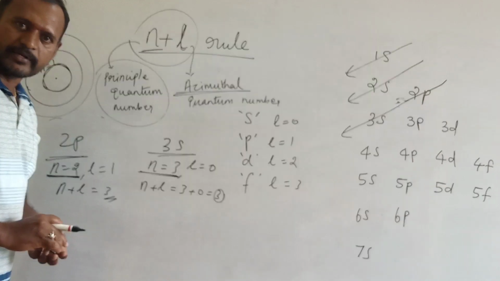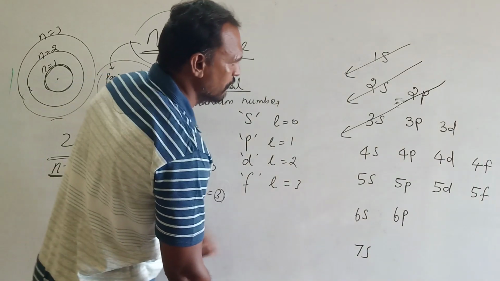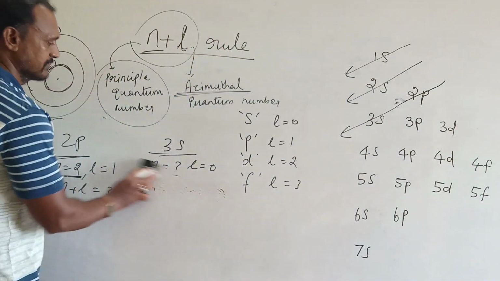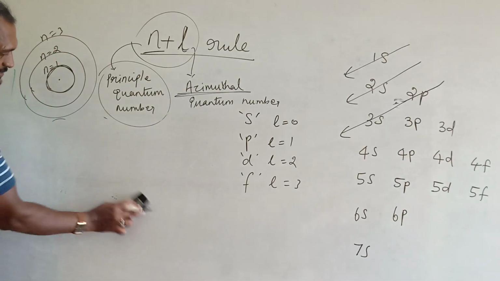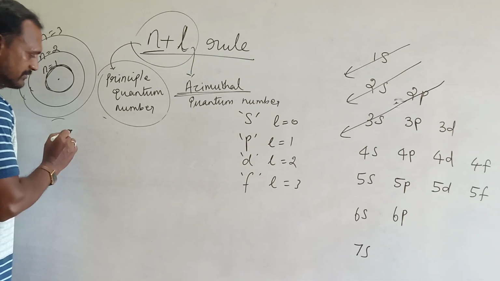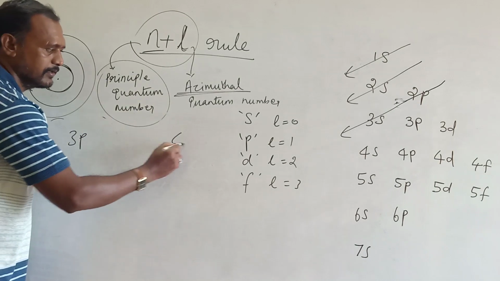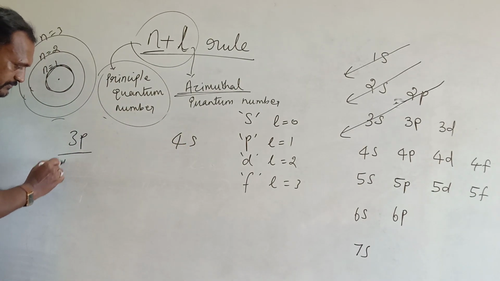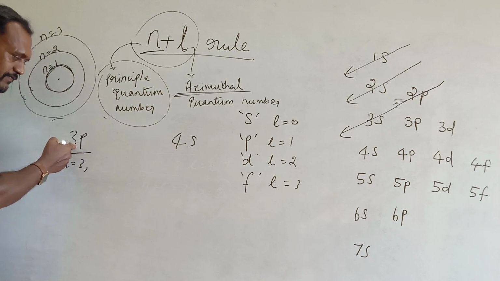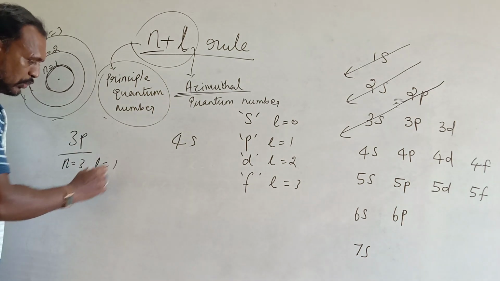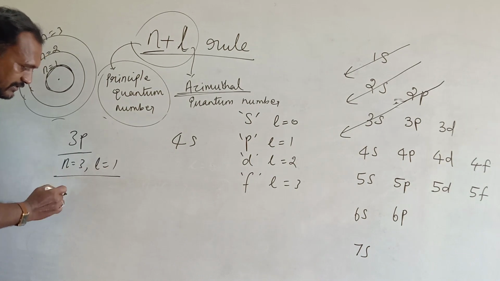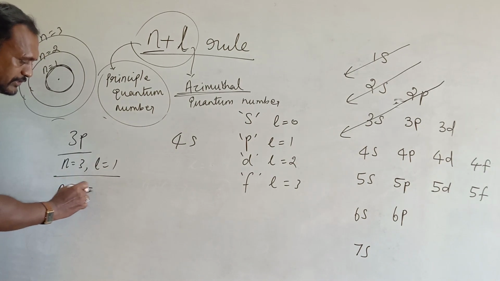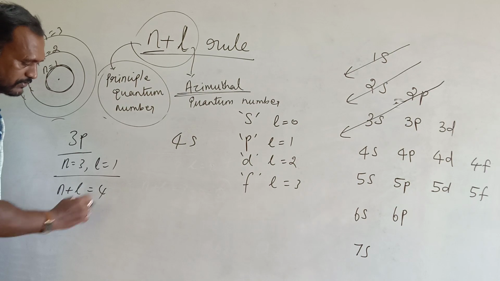Clear? Okay. Then you find the value for 3p and 4s. Can you find 3p and 4s? Then for 3p, n equal to 3. For p, l is equal to 1. Okay. Then n plus l value is equal to 3 plus 1, 4.